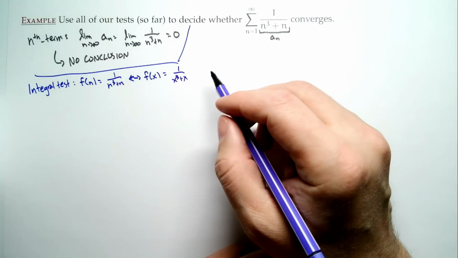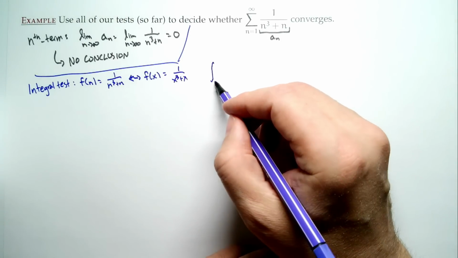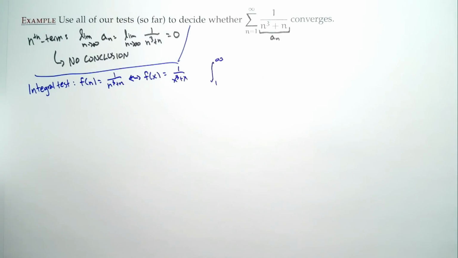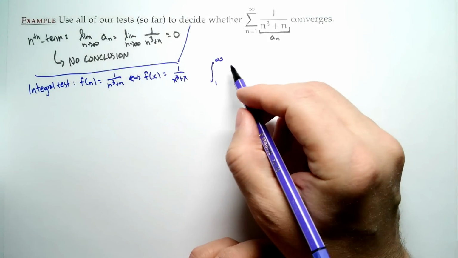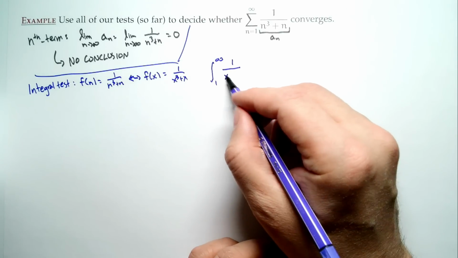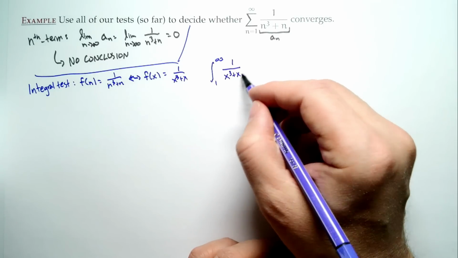So we're going to look at the integral from 1 to infinity. And by the way, it's a nice function. It's a continuous function, and it goes to 0. And so we can apply our test: 1 divided by x cubed plus x.